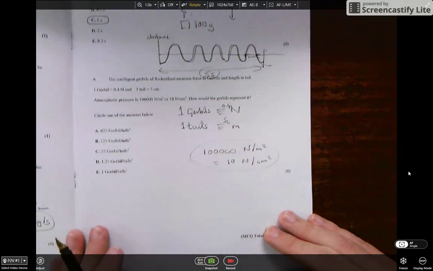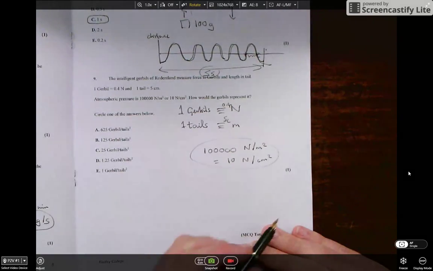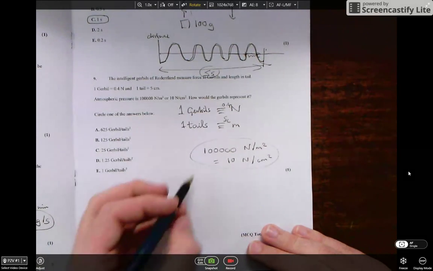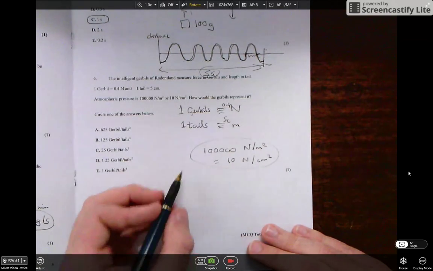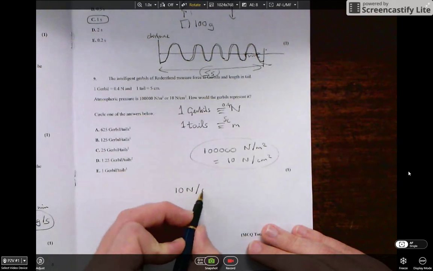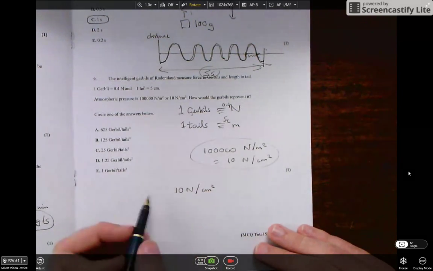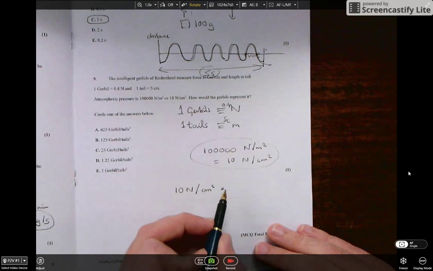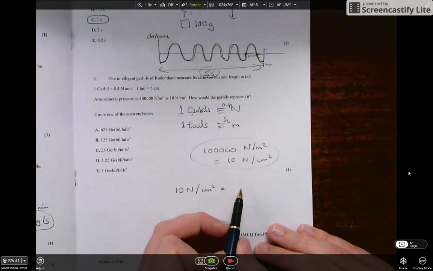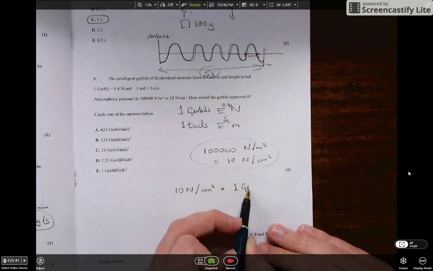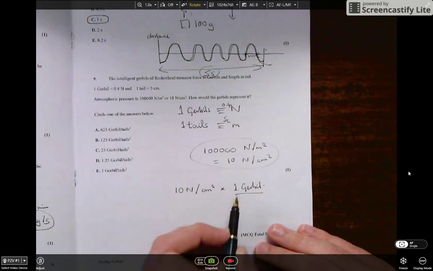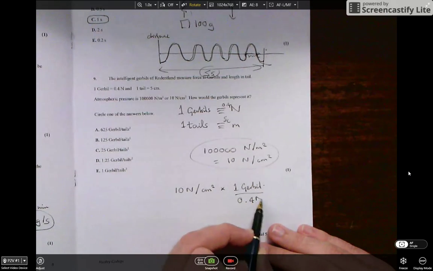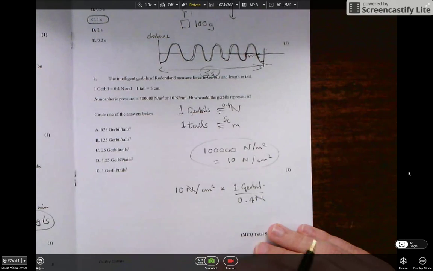What would the gerbils say? So we need to convert the units here. So let's do it in 10 newtons per centimeter squared. We're told that there's 1 gerbil divided by 0.4 newtons. That's going to get rid of newtons for me.